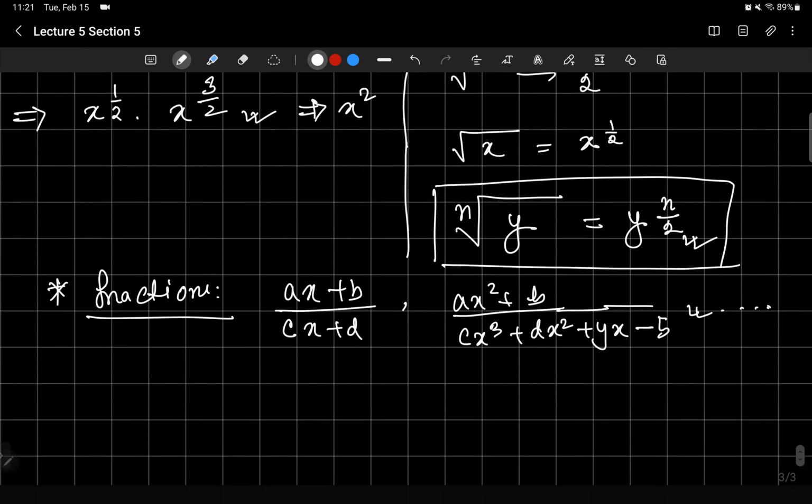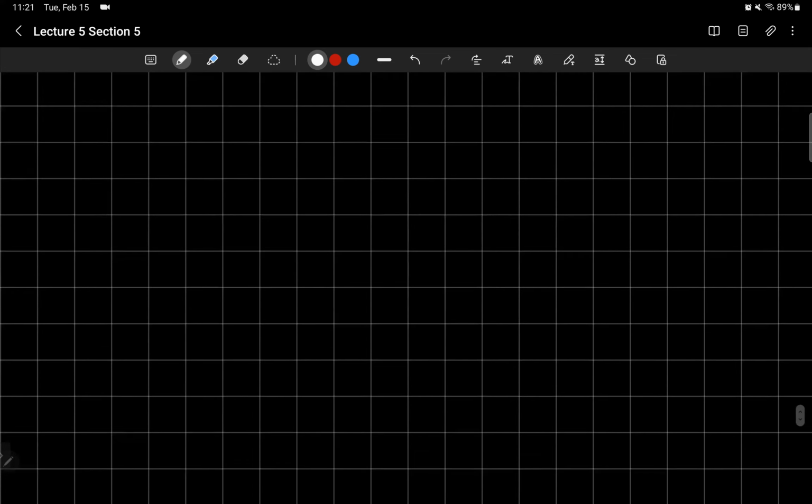But in mathematics, let's take an example of a fraction, let's say 2x minus 3 divided by square root of x plus 5. When dealing with this type of thing, what people do is something called rationalization.